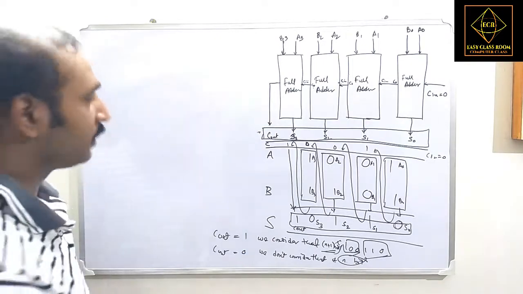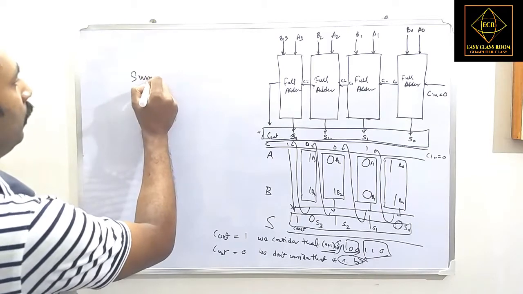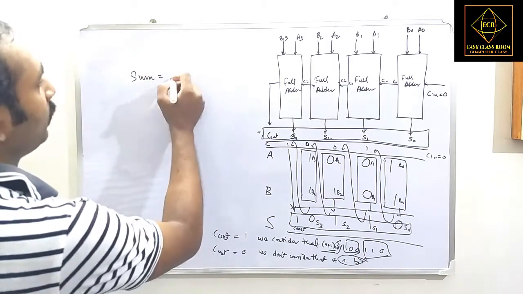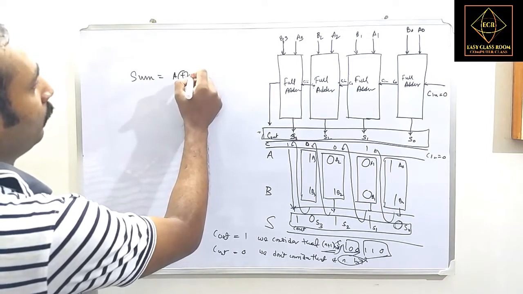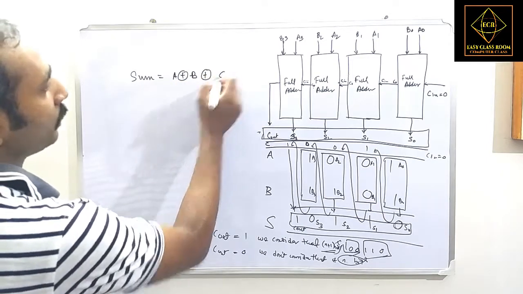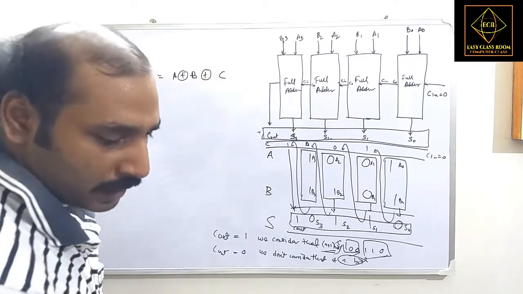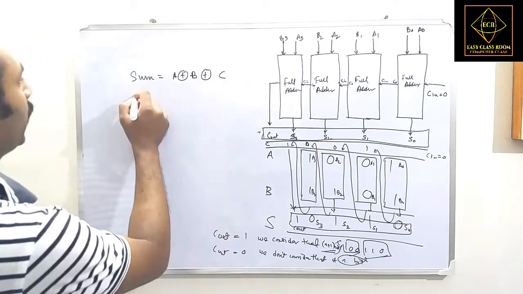Now, for the sum, what will happen? Sum equals A XOR B XOR C. This is our sum logic.